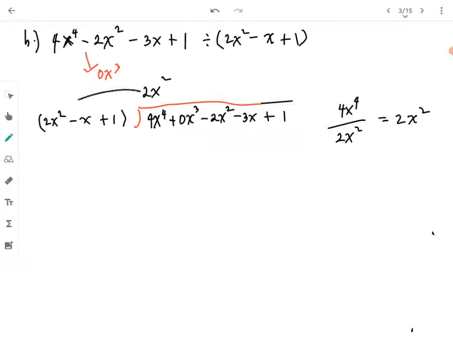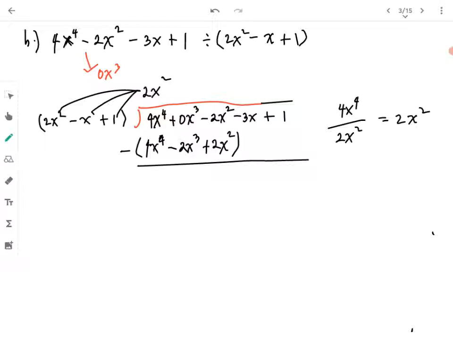So if we multiply it here, you'll have 4x raised to 4. Multiply it here, you have negative 2x cubed. Multiply that, you have positive 2x squared. So we will have to subtract.